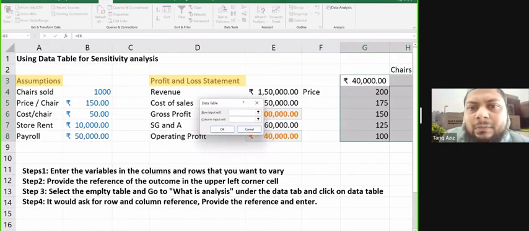Once you select the Data Table, it is asking for the reference of the row and column. In rows, we have written the chairs sold, and in this column, we have written the price per chair. After specifying these two things, once I press enter, the values will be displayed.